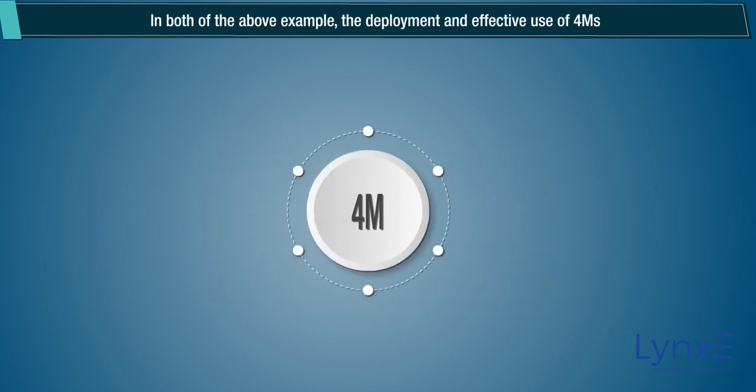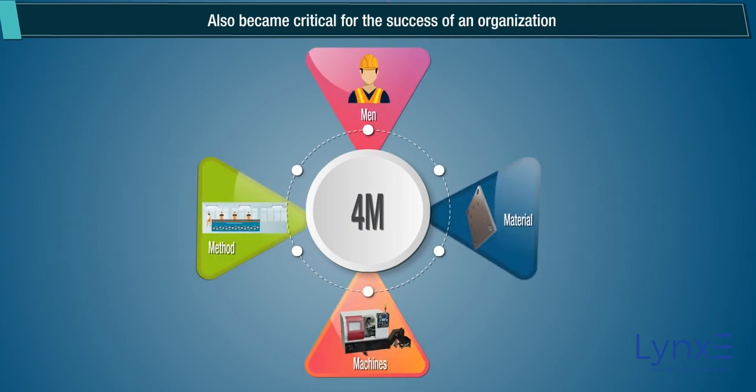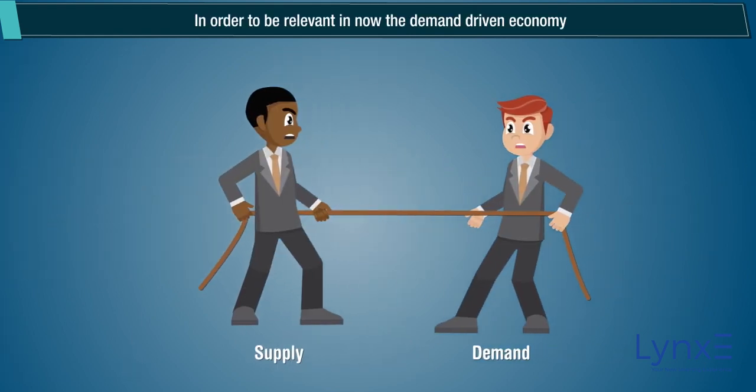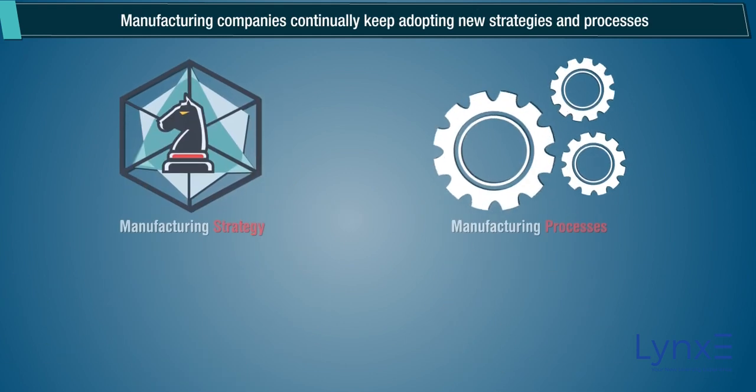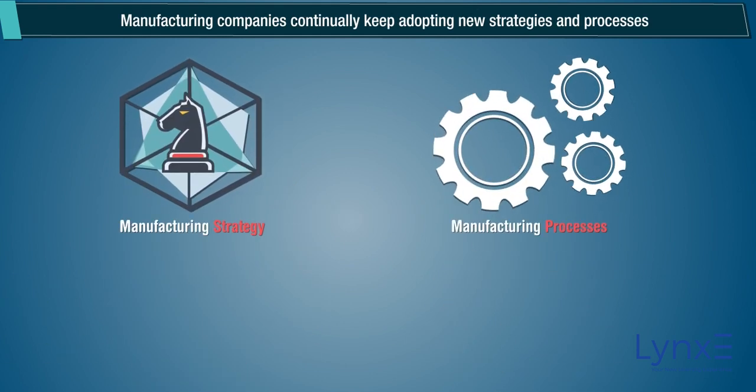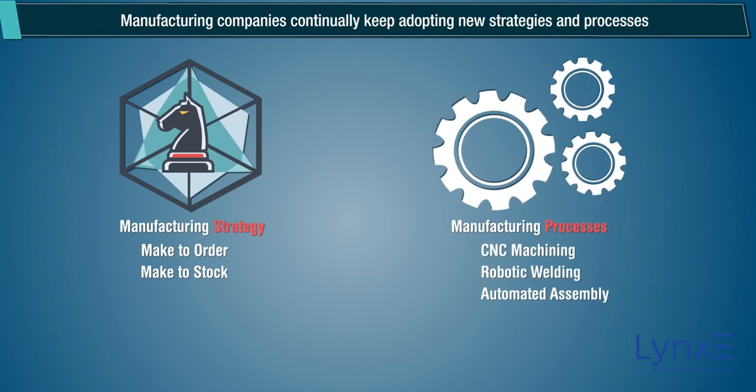In both of the above examples, the deployment and effective use of 4Ms also became critical for the success of an organization. In order to be relevant in the now demand-driven economy, manufacturing companies continually keep adopting new strategies and processes.